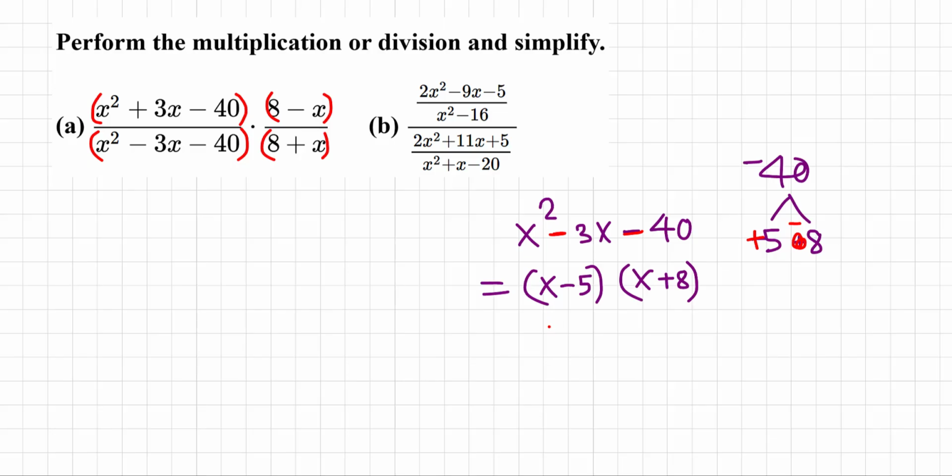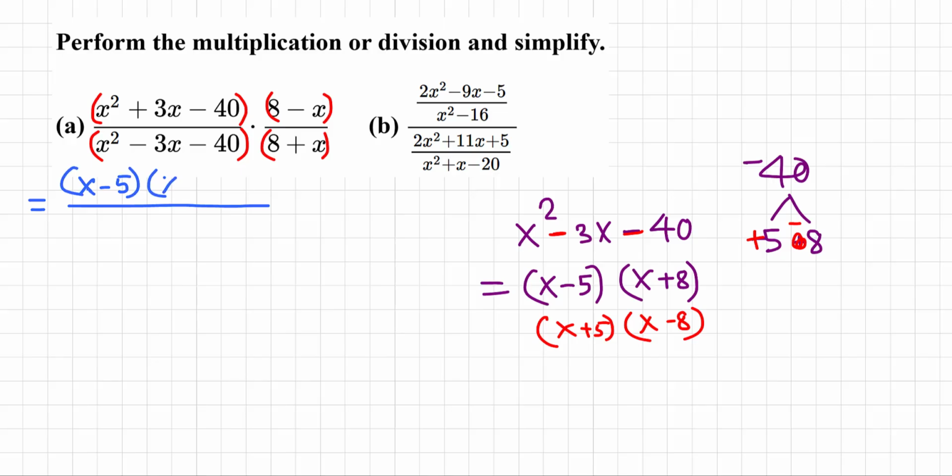So for negative 3, we're gonna get x, but this time plus 5 minus 8. So we factor the top and the bottom. This one is x minus 5, this is a quantity, times x plus 8. On the bottom, x plus 5, x minus 8.